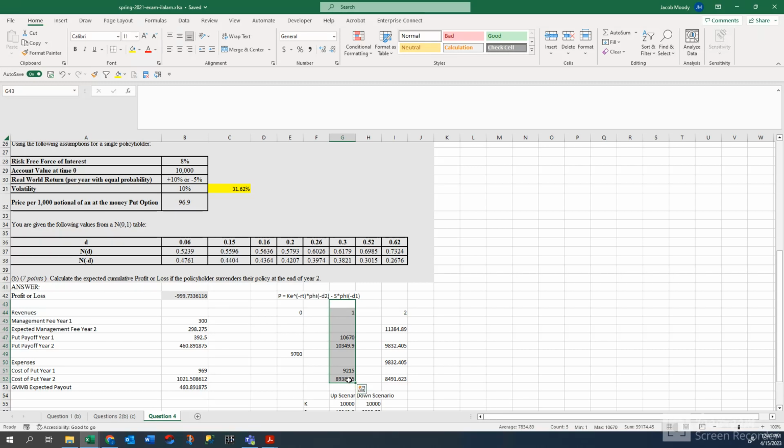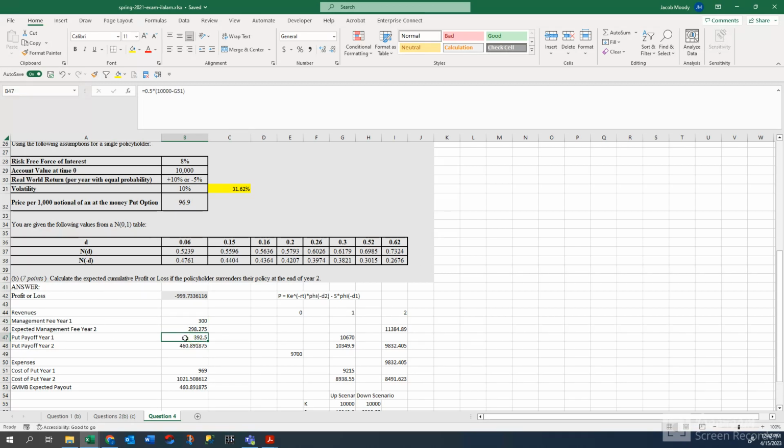Now, a concept that I've learned that we can reiterate from this is when you project out, you use real world assumptions. And then when you price back in for pricing purposes, that's when you use risk neutral. And so that's another concept of an exam that's demonstrated here. And so my management fee for year 1, so at the beginning of the year, I get $300.